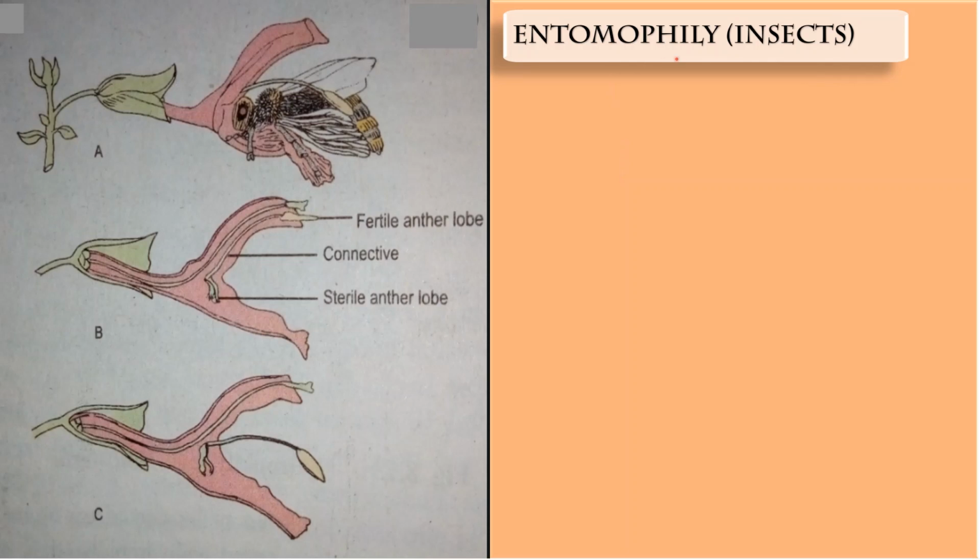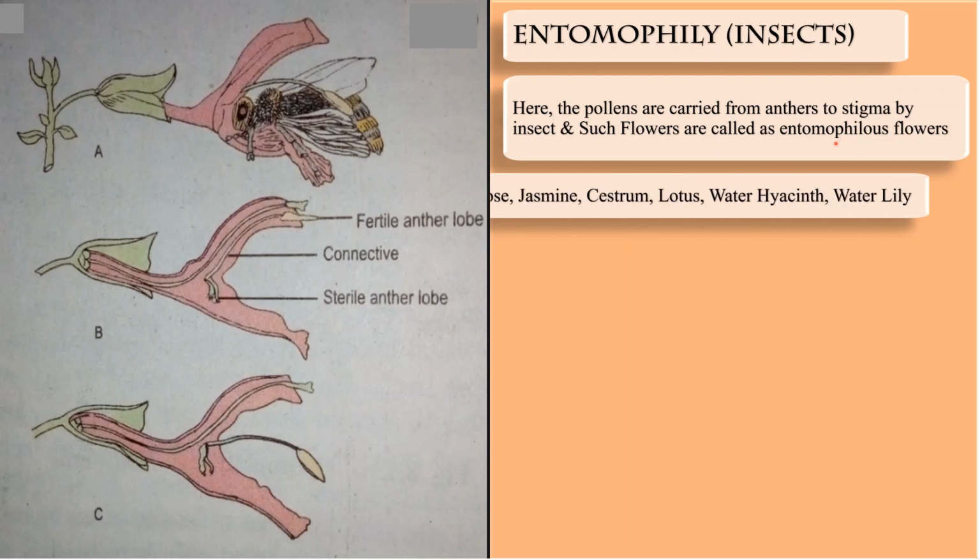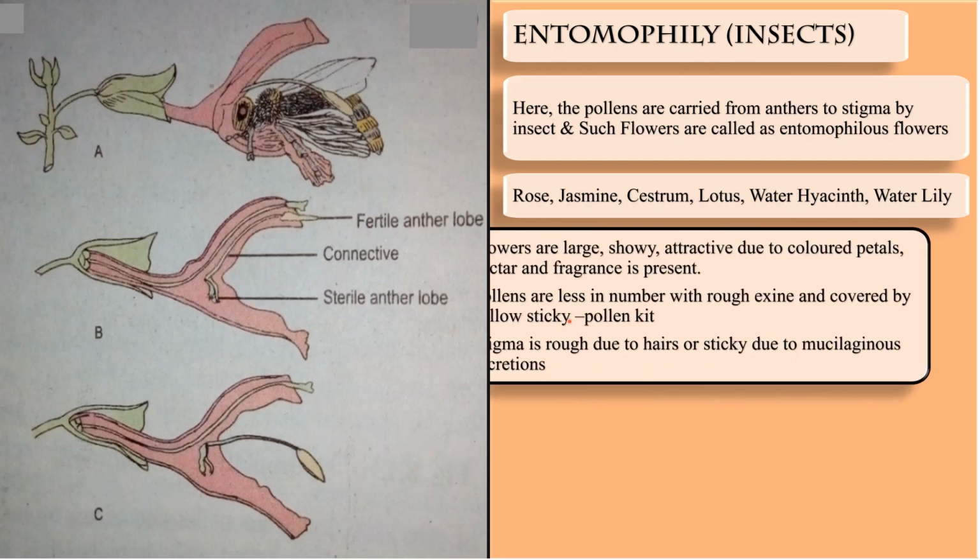In the biotic factors, we will start with insect pollination. It is called entomophily. Such flowers are called entomophilous flowers. Here, plants such as rose, jasmine, salvia, water hyacinth and water lily show entomophily.